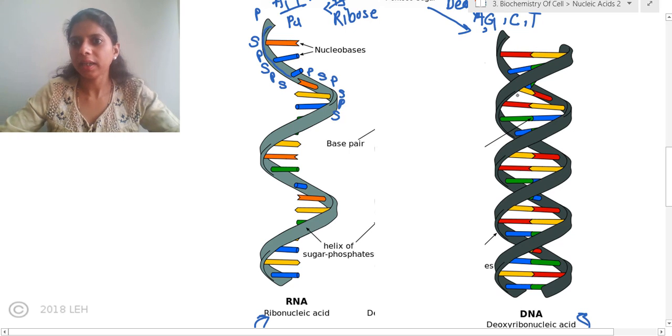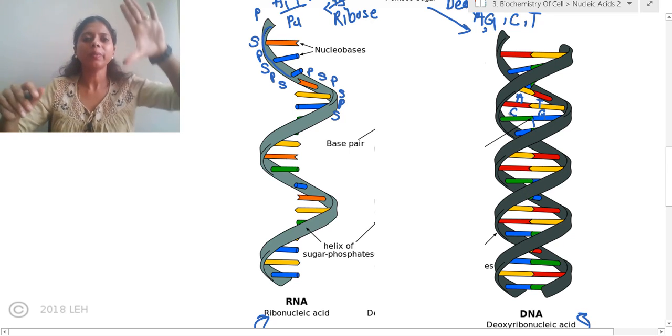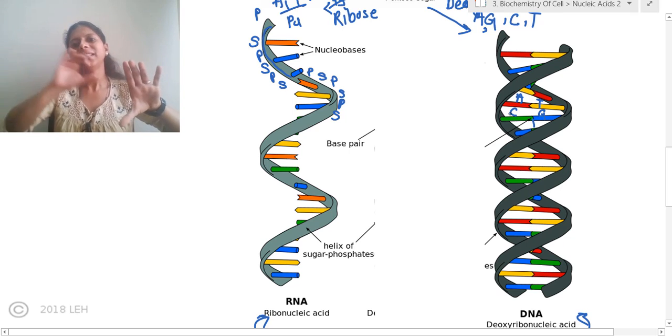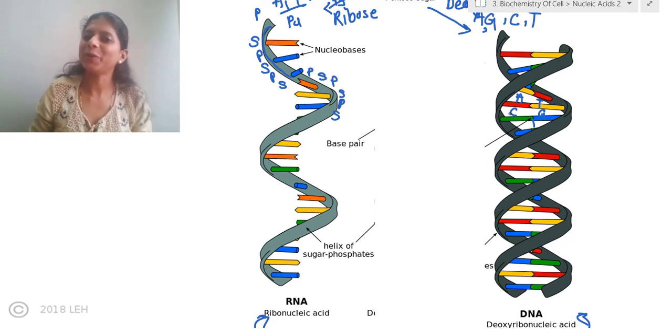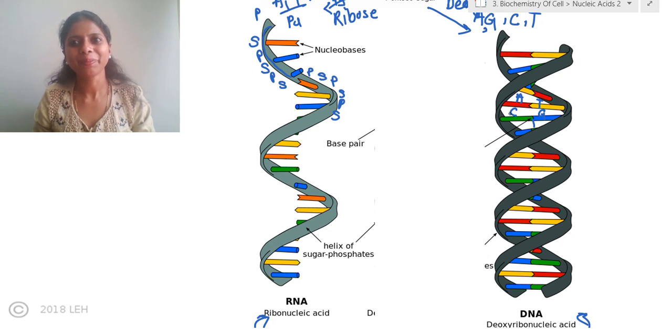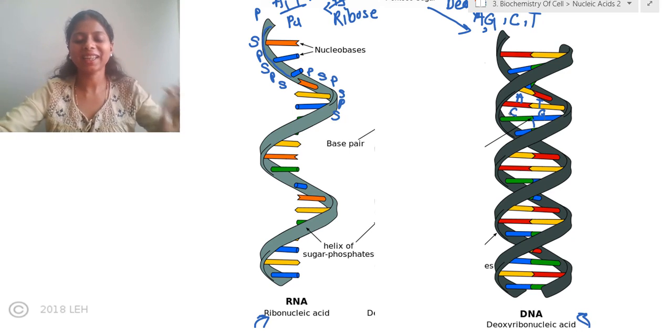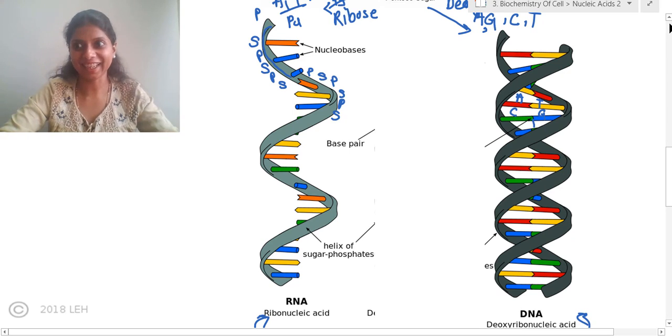Here it is A, here it is T, here it is C, here it is G. Likewise, they are attached to one another with the help of hydrogen bonds. So sugar and phosphate remain on both sides, and in the middle there are nitrogenous bases and hydrogen bonding.